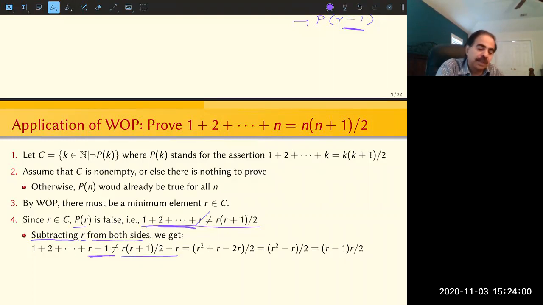So we have an inequality, X not equal to Y. Remember that if X is not equal to Y, that implies that X minus something is not equal to Y minus the same thing. If two things are not equal and you subtract the same quantity from both sides, the result will also be not equal. So that's why we start from this, subtract R from two sides, and end up with this inequality.